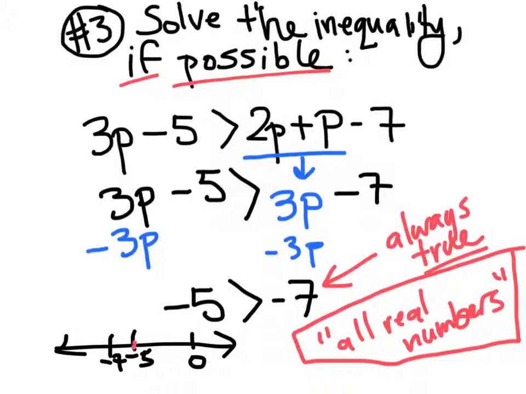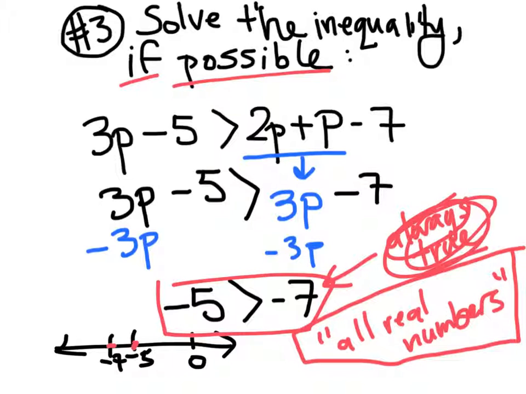So yes, negative 5 is greater than negative 7. So because this is always true, our answer is all real numbers. Meaning this is similar to the many solution answer, but this is what we say. So any number, if you plug it in for p, this inequality will work.